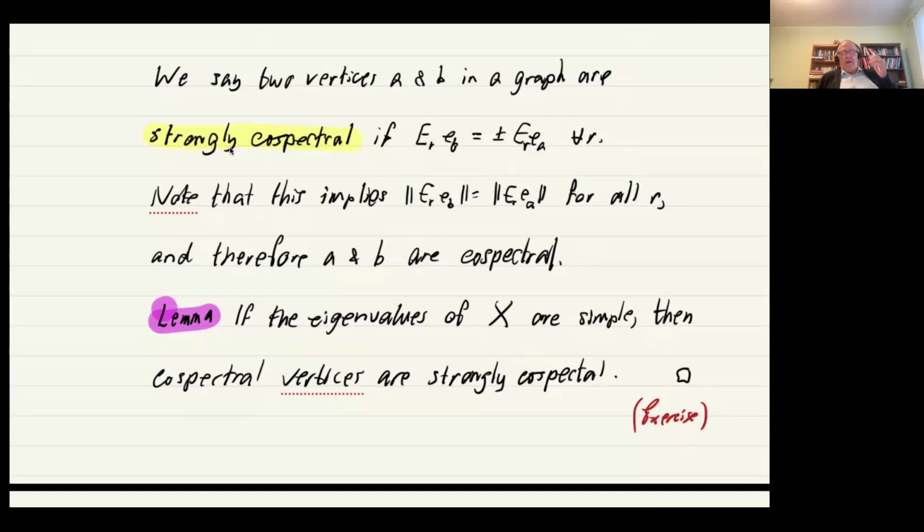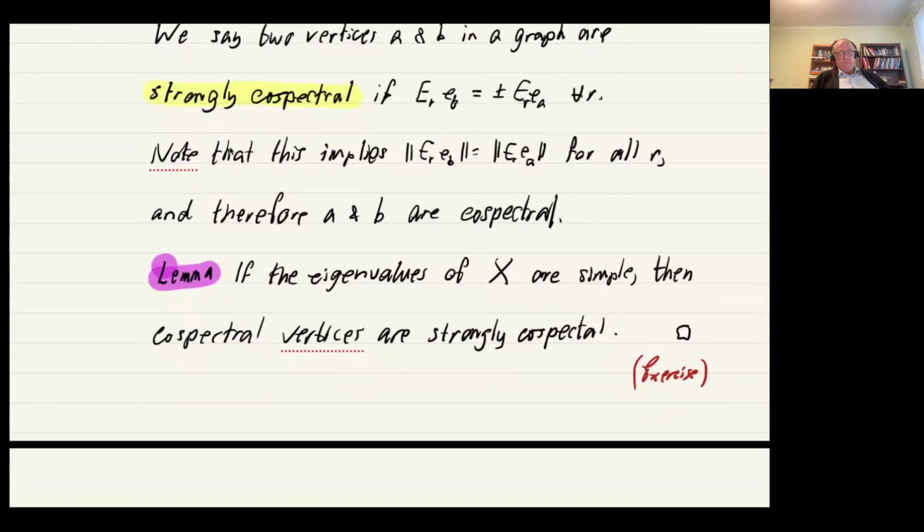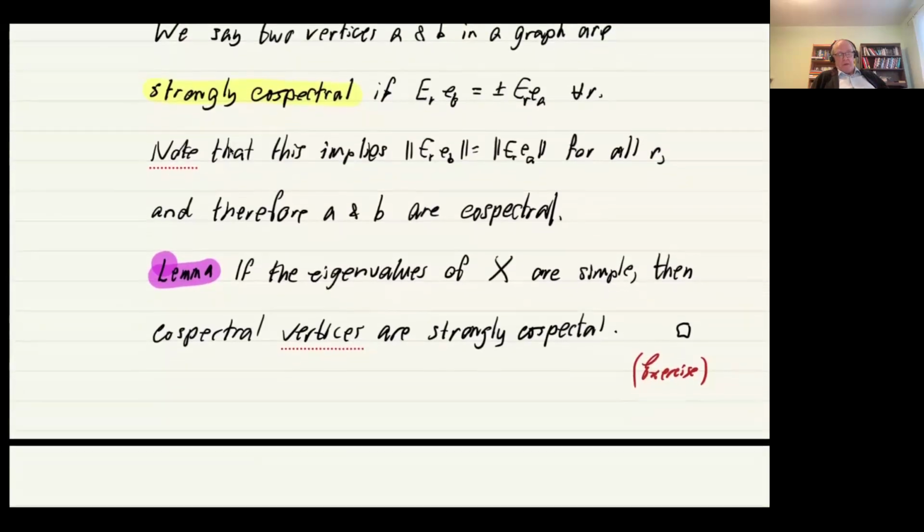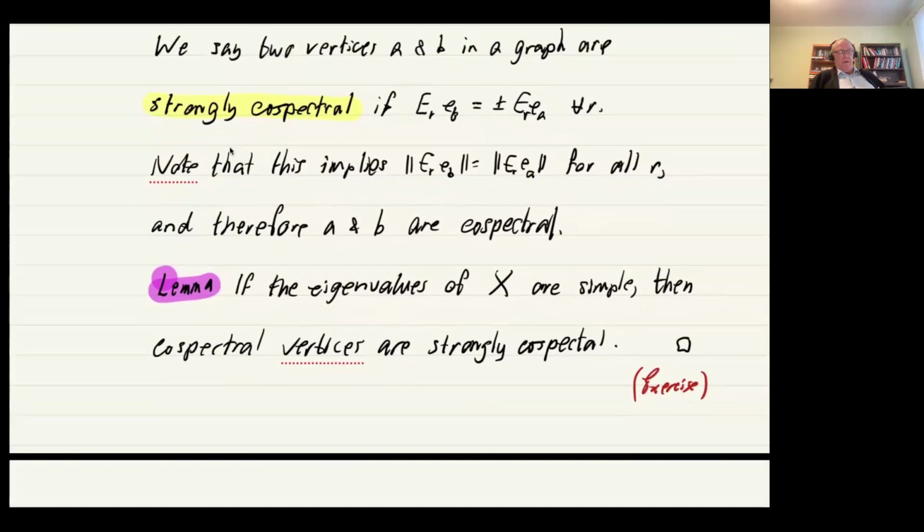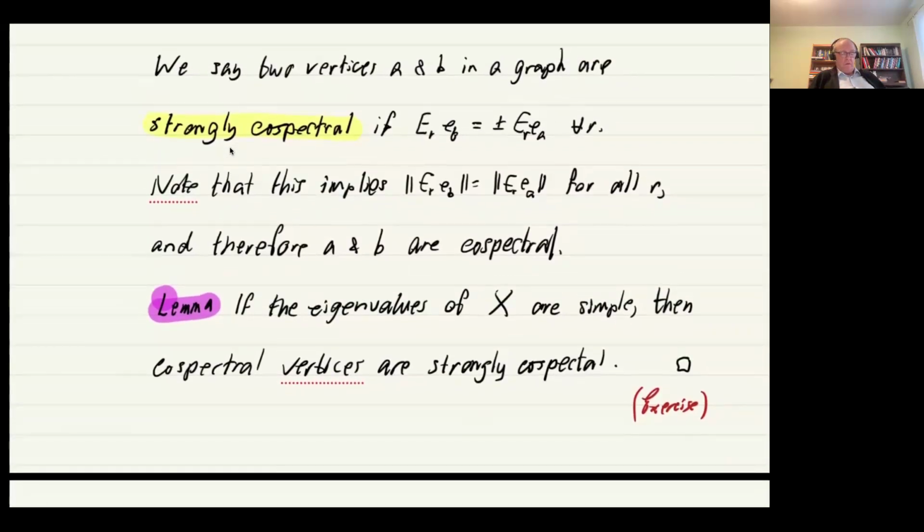Now, how do you prove this? If an eigenvalue is simple, then E_r e_b and E_r e_a are both eigenvectors with the same eigenvalue. If the eigenvalues are simple and the vertices are cospectral, then the vertices indexed by a and b have the same square.